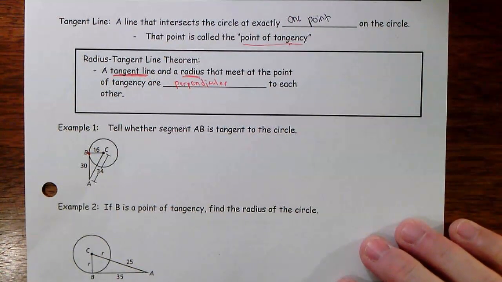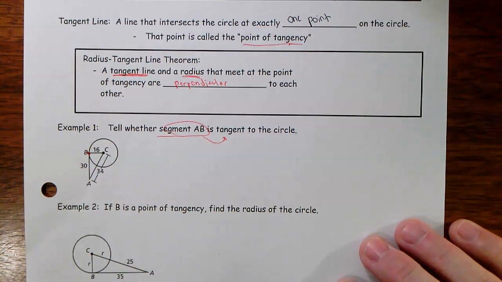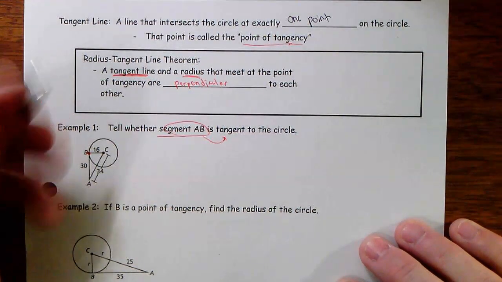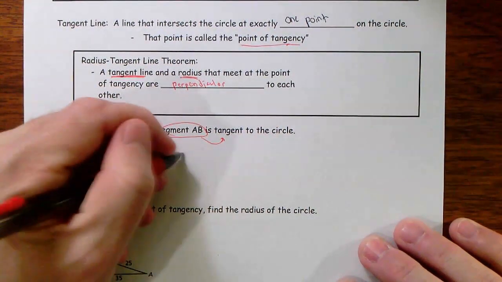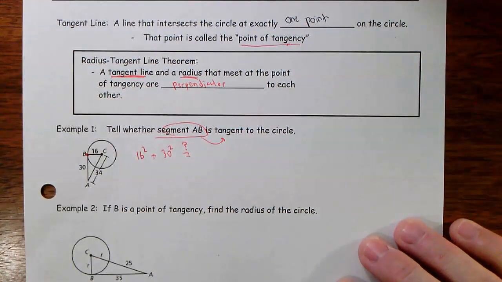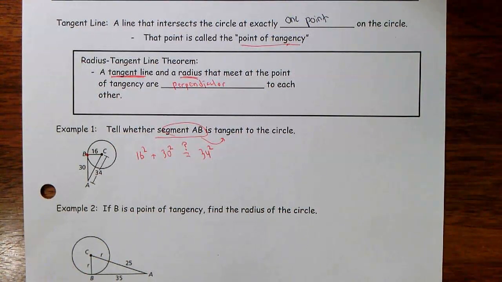So the way we can check to see if this segment AB actually is tangent is by checking to see if this is a right triangle by using the Pythagorean theorem. So I would set up something like leg squared plus leg squared, and I might put a question mark there. Does it equal the hypotenuse squared? And if it does equal, then it is a right triangle because the Pythagorean theorem works. And if it does not equal each other, then the Pythagorean theorem does not work, and it must not be a right angle, and therefore not a tangent line.